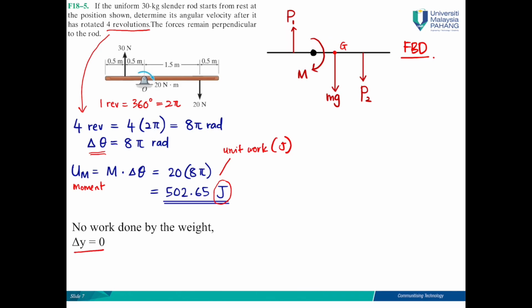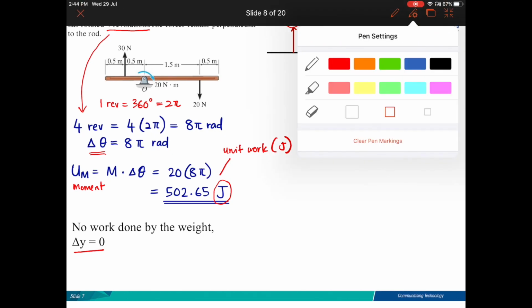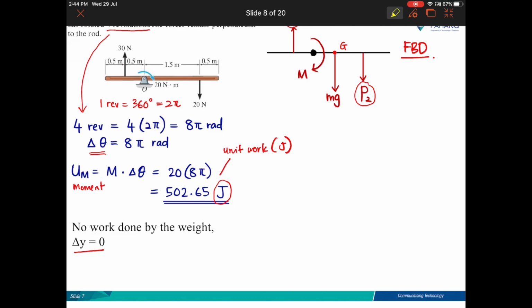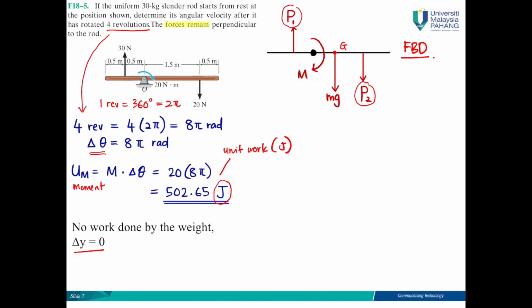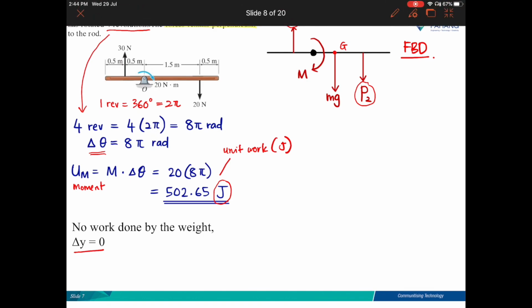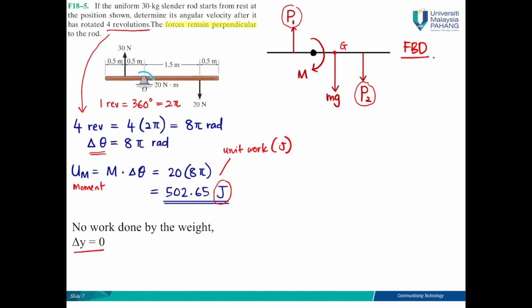Now let's look at the forces P1 and P2. Are these two forces doing any work? There's a clue given in the question. It says the forces remain perpendicular to the rod. What does this mean? This means that these two lines are the path of motion of the forces P1 and P2.